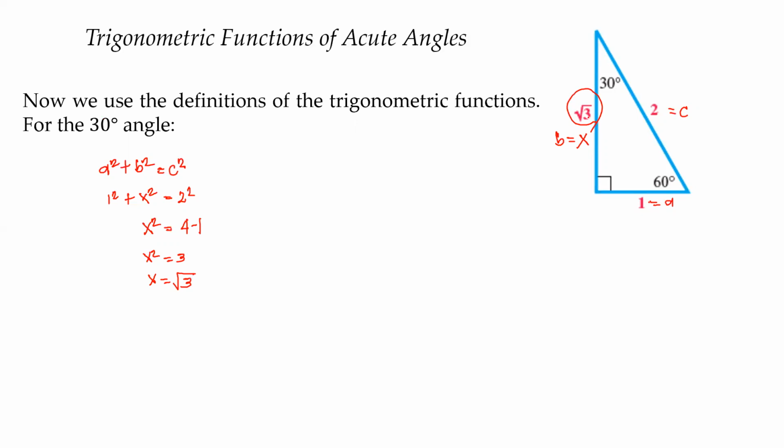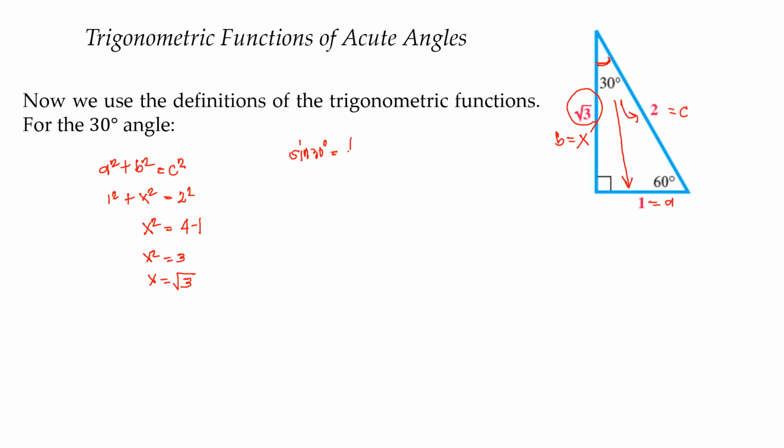Now, for the 30-degree angle, here is our 30-degree angle. So if we will write the 6 trigonometric functions, sine 30, sine is opposite over hypotenuse. So opposite to angle 30 is 1, and the hypotenuse is 2.